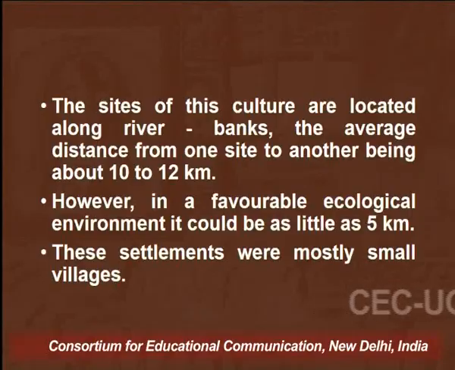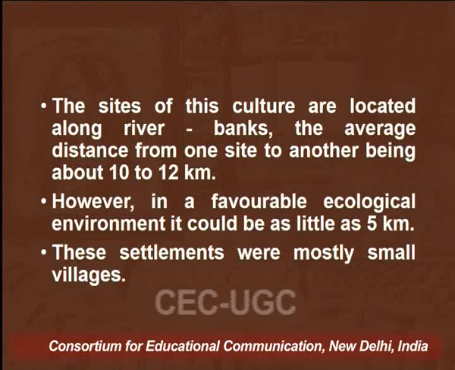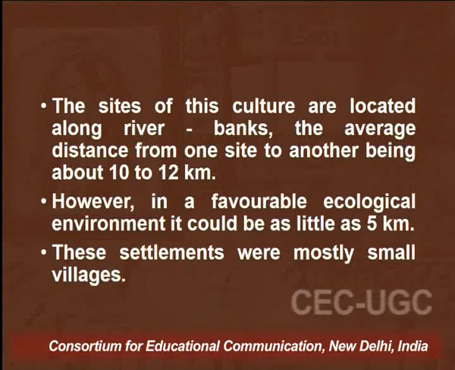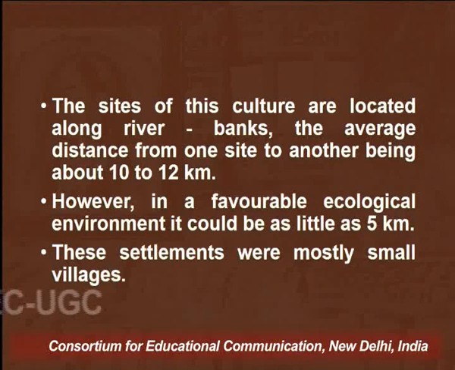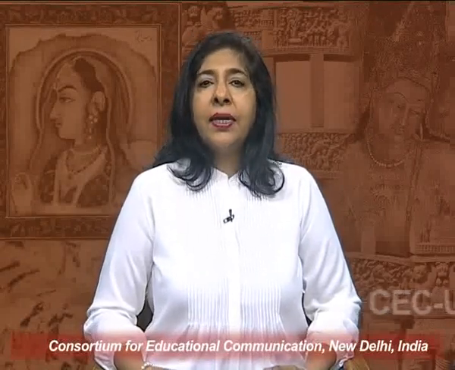The sites of this culture are located along river banks, the average distance from one site to another being around 10 to 12 kilometers. However, in a favorable ecological environment, it could be even less, somewhere around 4 to 5 kilometers. These settlements were mostly small villages.